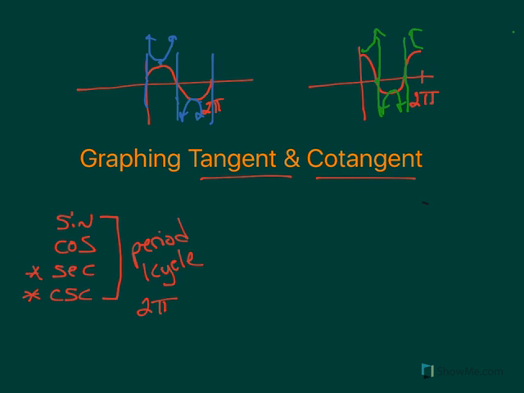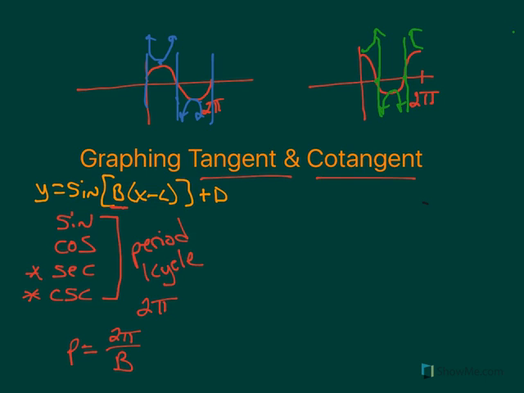So if you were looking at the general sine equation, let's say y equals sine, whatever your b value is, x minus c, plus d. If you had a b value, then to find your period was always 2 pi divided by the b value.